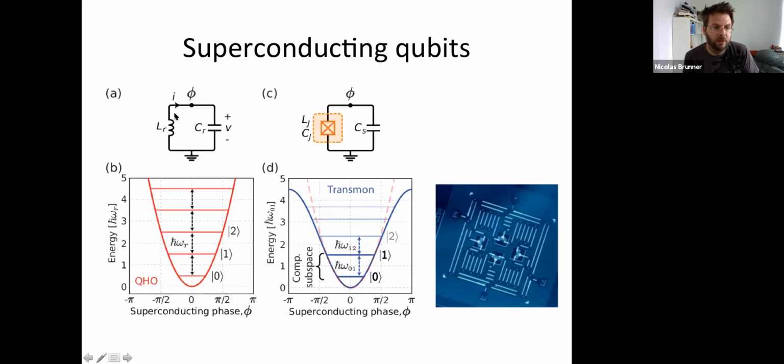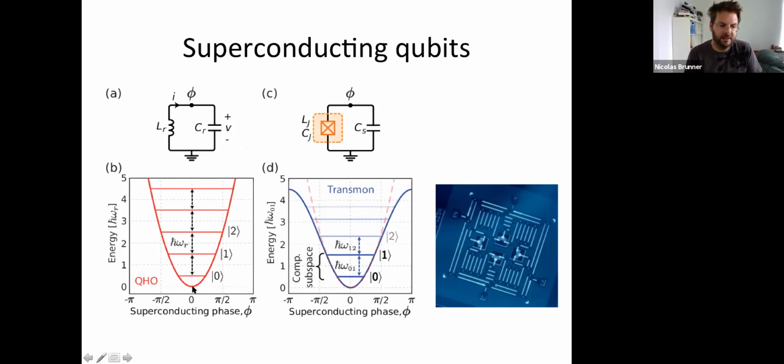And what you do in these circuits is engineer something that you can really think of as electronic circuits, like the ones that are drawn here. So here you have some capacitor, here you have an inductor. So this is an LC circuit, right? So it's essentially a harmonic oscillator.